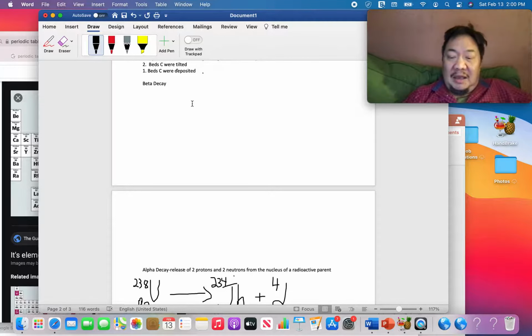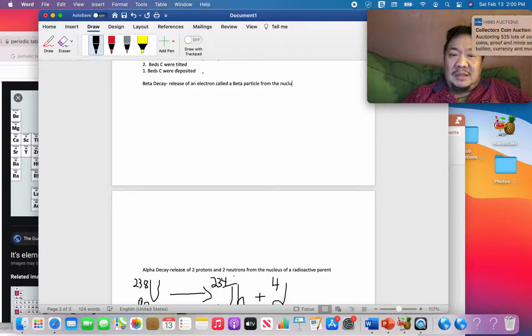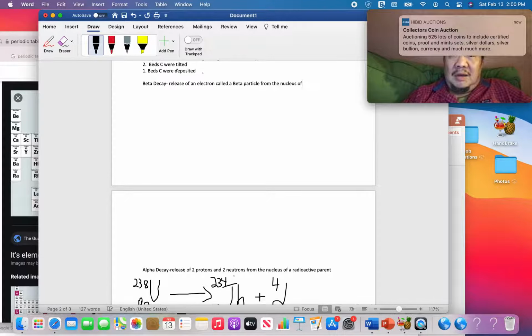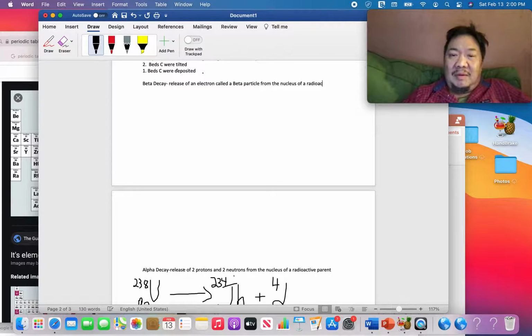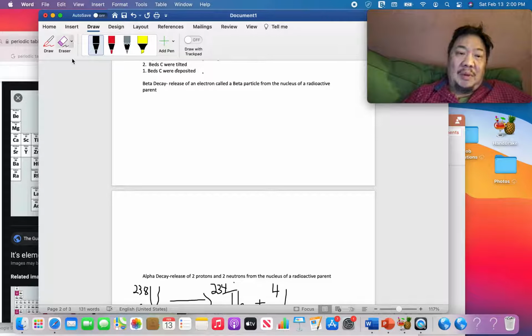A beta decay involves the release of an electron, called a beta particle, from the nucleus of a radioactive parent. And the example I'm going to give for you to understand what beta decay is, let's take a look at a common radioactive isotope called carbon-14.